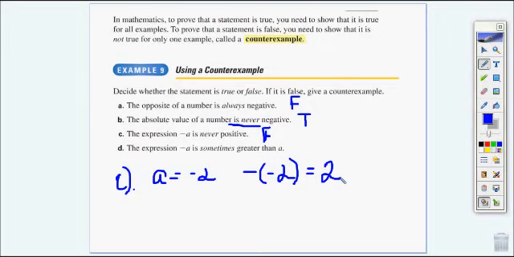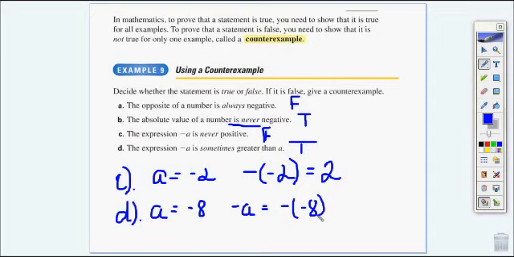Letter D, the expression negative A is sometimes greater than A. Well, that's actually true. Let's do A equals negative 8. Then negative A would be the negative of negative 8, which is equal to 8.